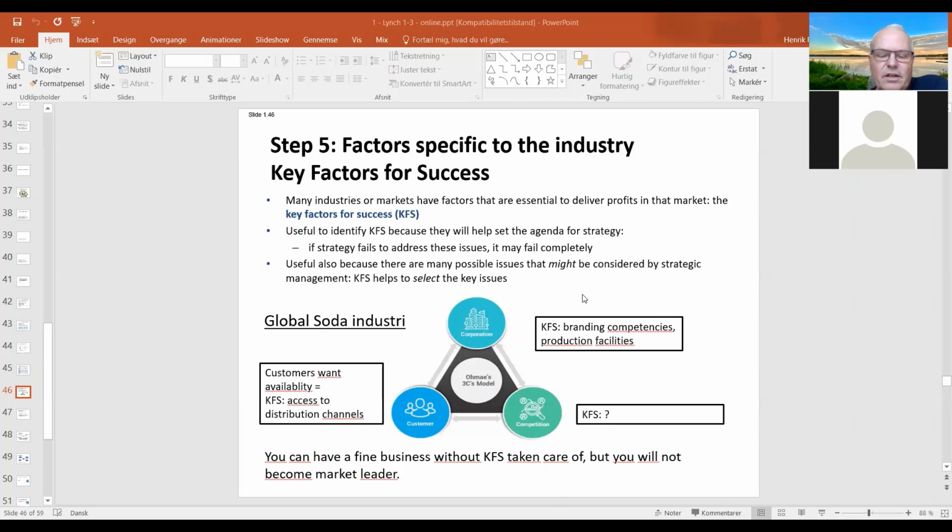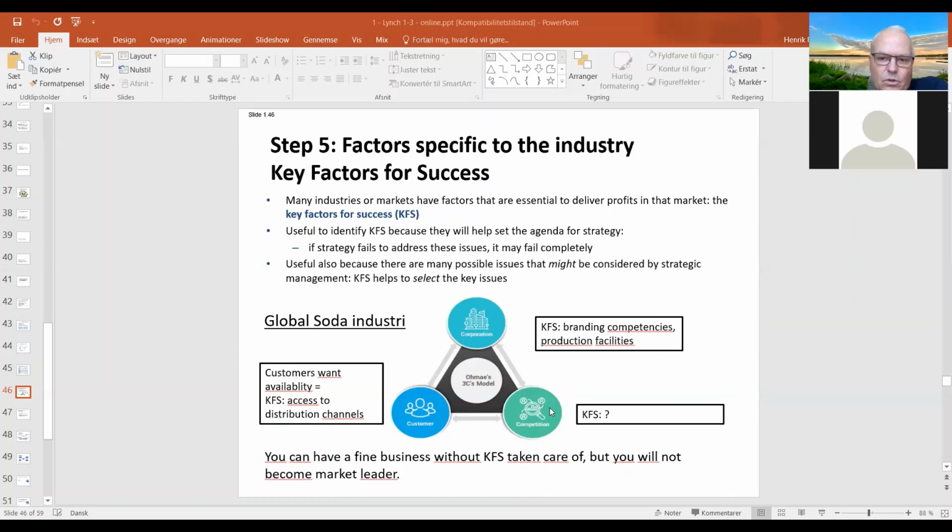So other key factors for success in order for us to become the market leader within an industry is that we have branding competences and we have production facilities. That means we need to take a closer look at our resources and figure out what they are and how they can support us being a global brand.